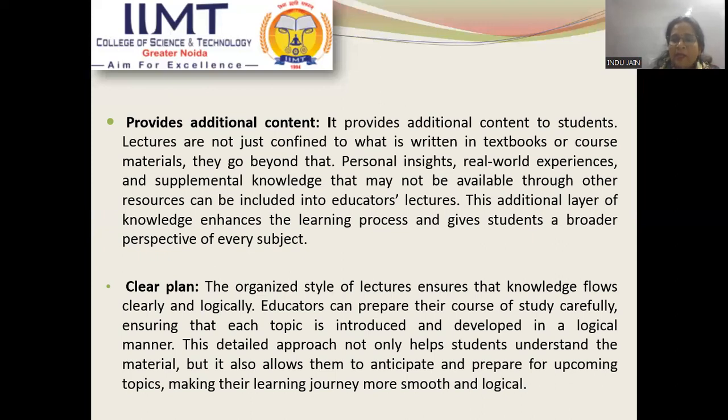Personal insights, real-world experiences, and supplemental knowledge that may not be available through other resources can be included in educators' lectures. This additional knowledge enhances the learning process and students get a broader perspective of every subject.